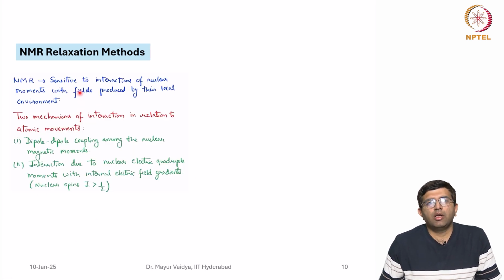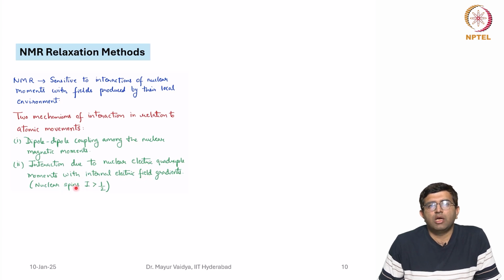NMR is basically sensitive to interactions of nuclear moments with the fields produced by their local environment. Two mechanisms of interaction in relation to the atomic movements are fairly common. One is the dipole-dipole coupling among the nuclear magnetic moments, and second is interaction due to the nuclear electric quadrupole moments with internal electric field gradients.